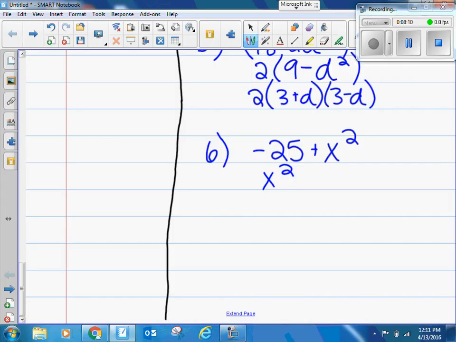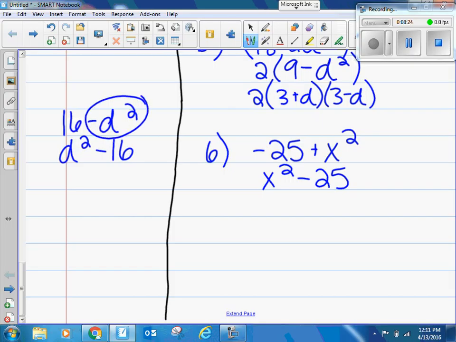So this negative 25 has to come with the 25. That is fine to do. You just can't put d squared over here and 16 over here. This sign has to stay with whatever that is. This is not allowed. This over here is allowed. So now that you switch the positions, you can factor this: x plus 5 and x minus 5.